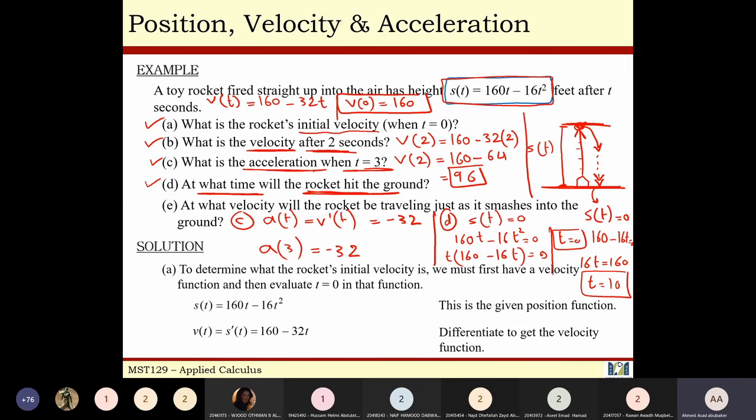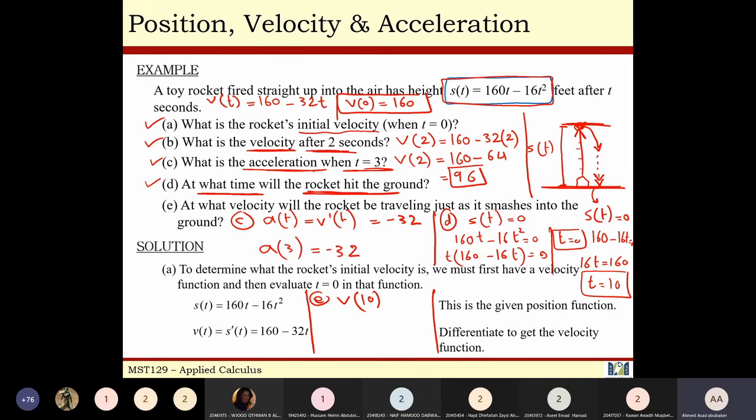This is part D. Part E: at what velocity will the rocket be traveling just as it smashes into the ground? So we need to find the velocity after 10 seconds, because after 10 seconds the rocket hits the ground.